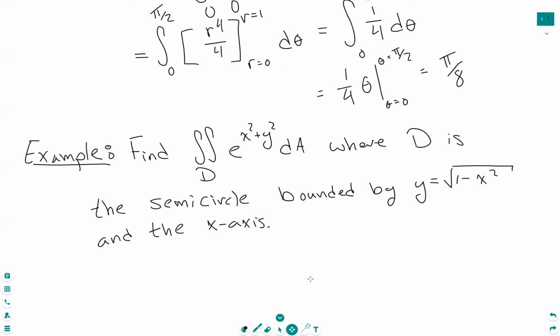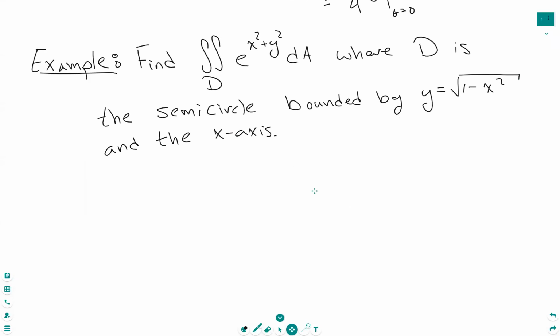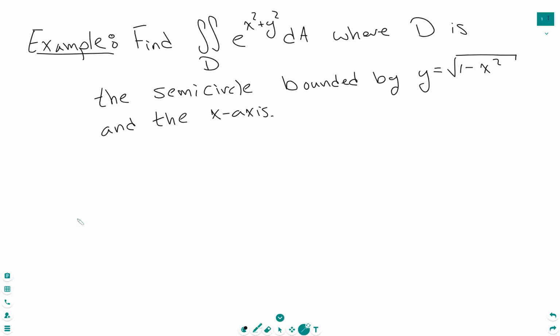All right, first things first. Let's plot our region. So I look at this here, and I know that this is a circle of radius 1 centered at the origin. So what we could do is we can square both sides.